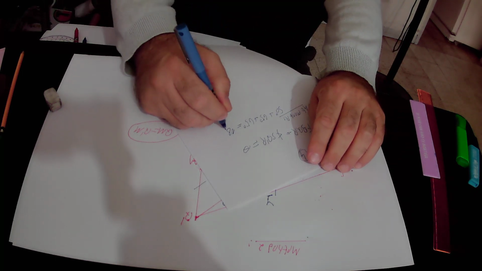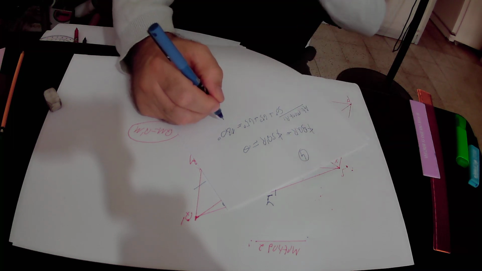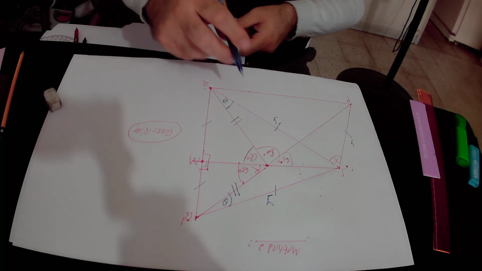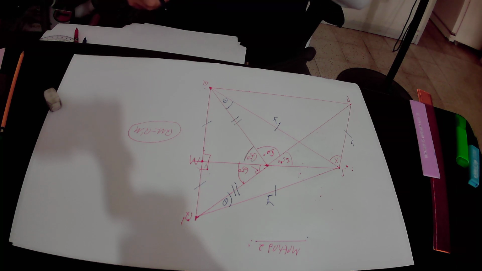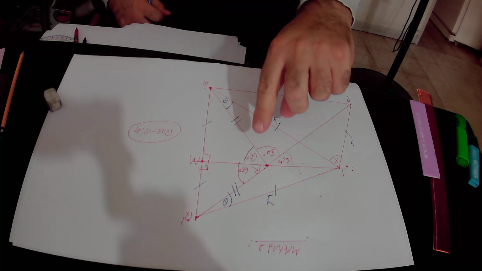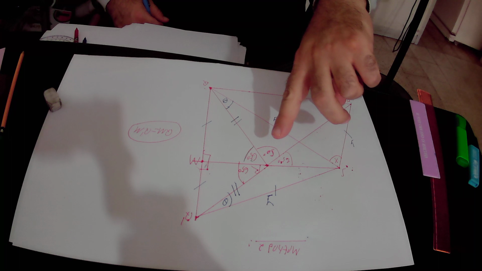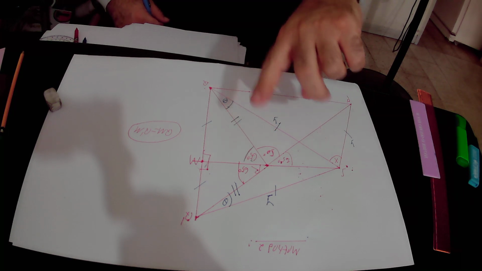So we actually proved that at point R we have 180 degrees on this side of line PQ dash.